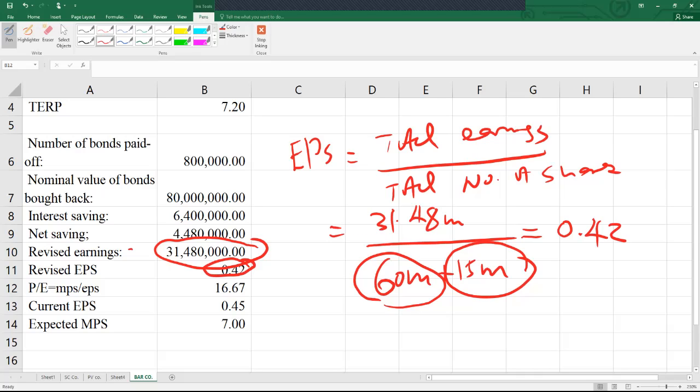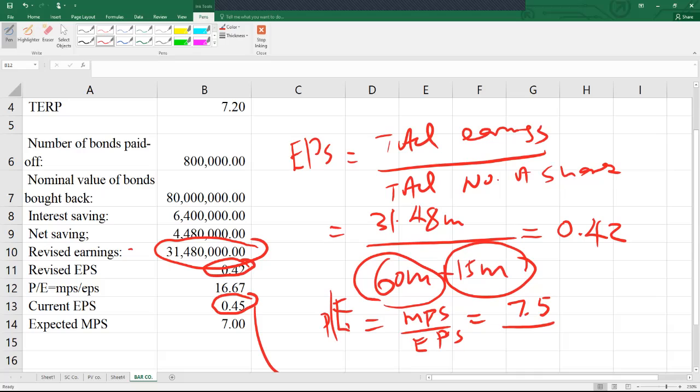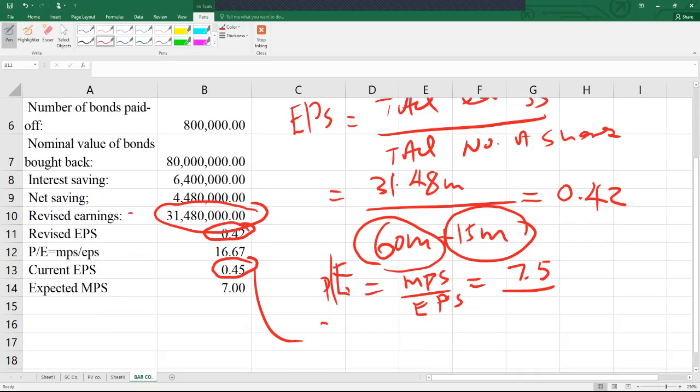The PE ratio, the old PE ratio, the old in quotes, doesn't change either way. It is equal to the MPS divided by the earnings per share. MPS was 7.5, that is before the company issued shares and paid the debt. The earnings then were how much? It was 45 cents, which was equal to 27 million divided by 60 million.